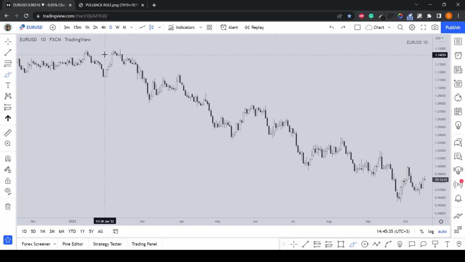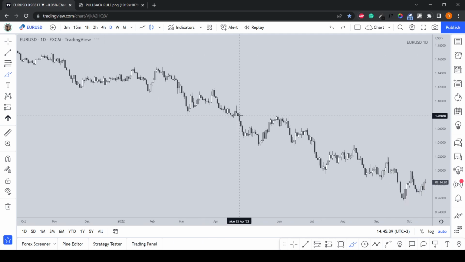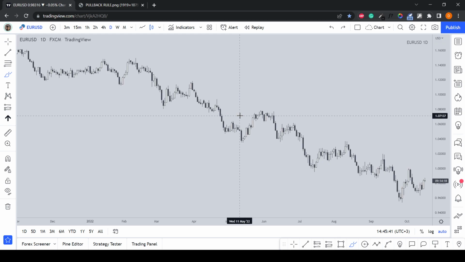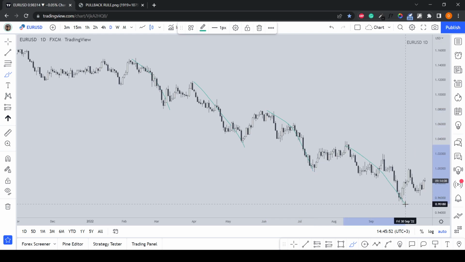So again, you will be surprised, but depending on your perception of the chart, some person could separate this market into 4 moves like this. So this person could say, this is my impulse, this is my impulse, this is my impulse, and this is my impulse.